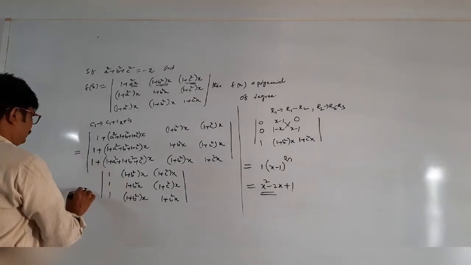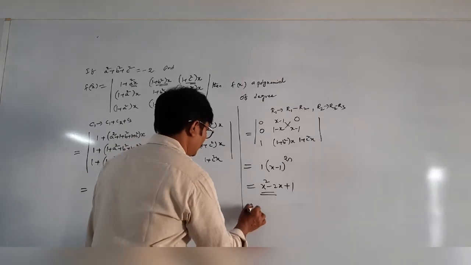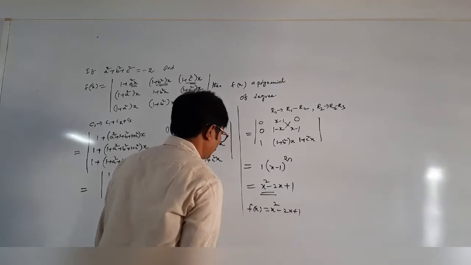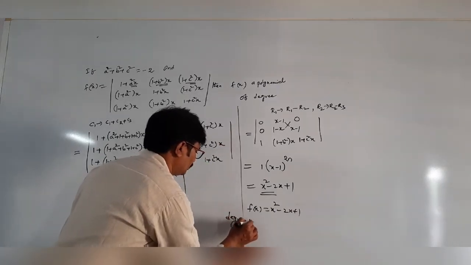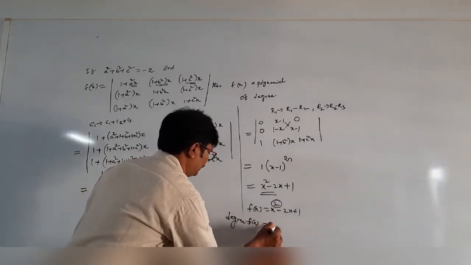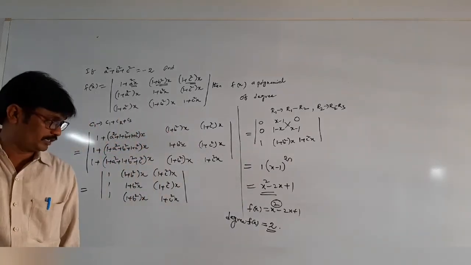We got f of x equal to x square minus 2x plus 1. The degree of f of x is 2. Write down: the degree of f of x is 2. Okay, students?